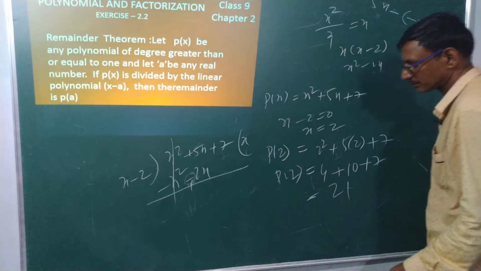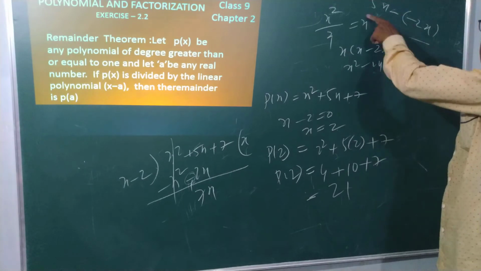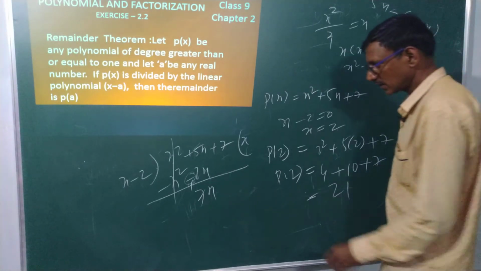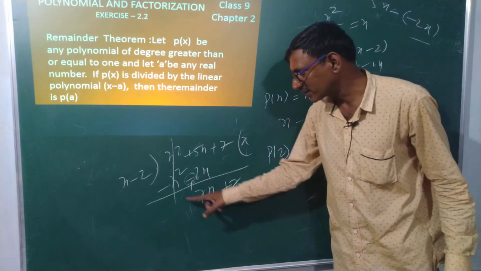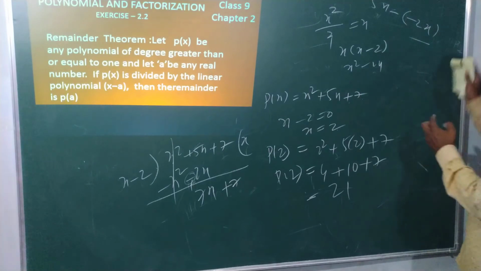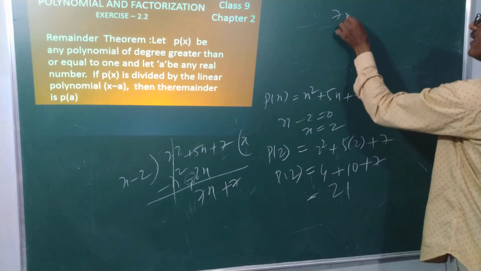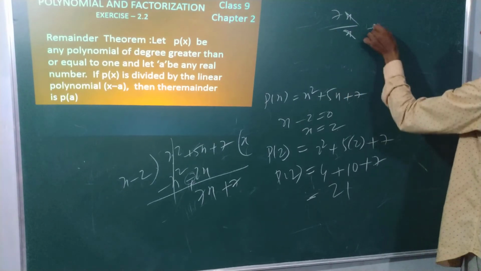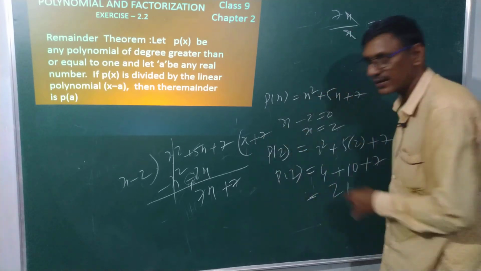How much will come? 5x plus 2x, 7x. Take down 7. Again 7x divided by x. Step 2. In step 2, what to do? 7x divided by x, x gets cancelled, we get 7. That 7 should be written down here.